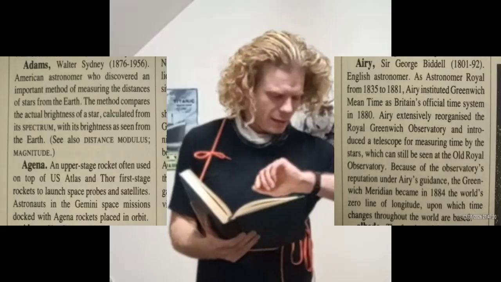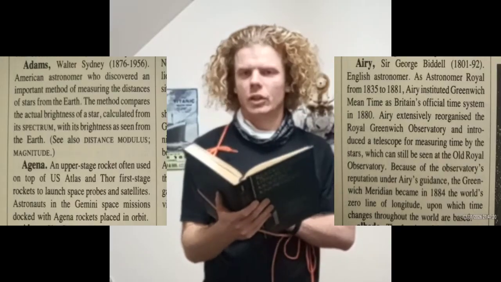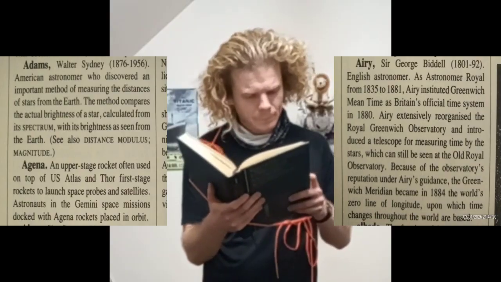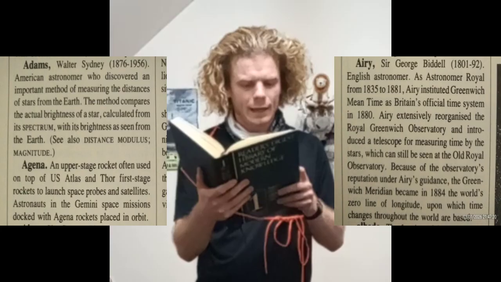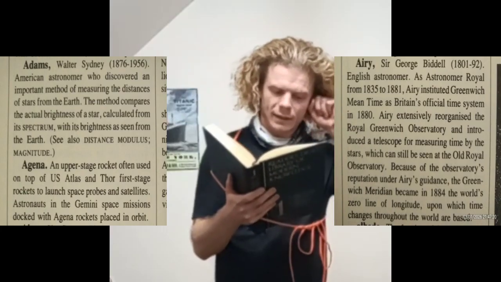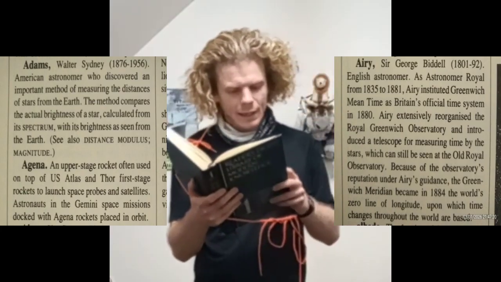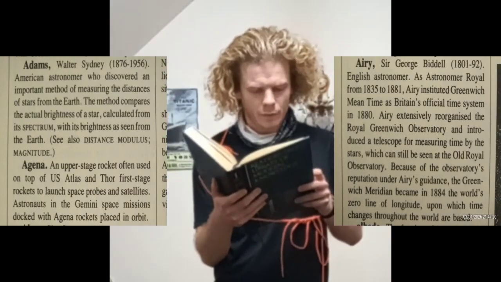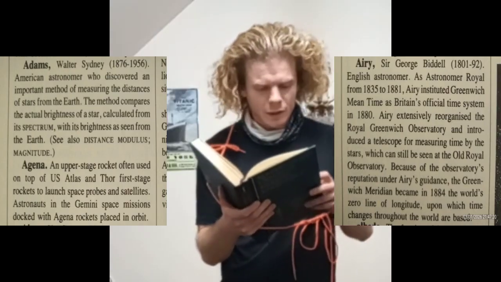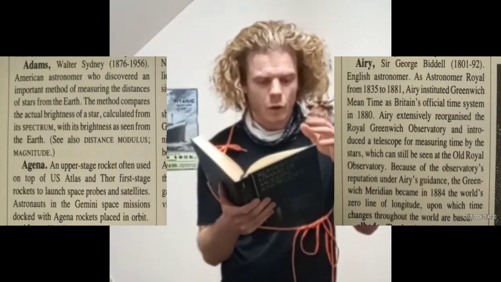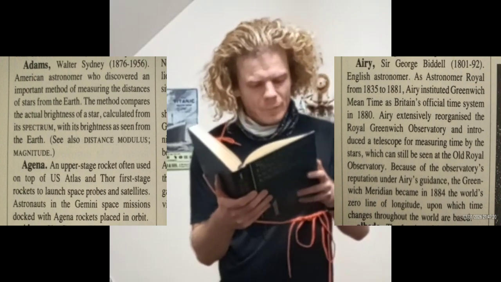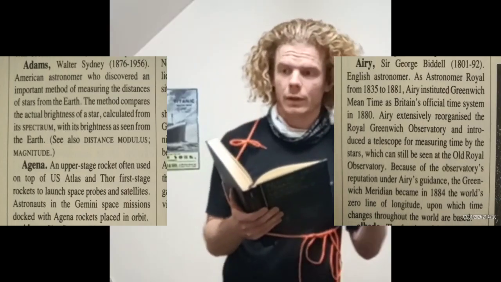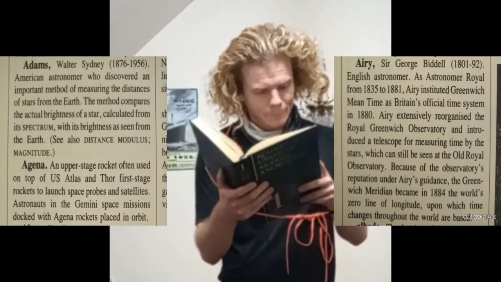We're going to do the presentation now, and I'm just going to say what I assume. That is my estimation, my assumption. Okay, Walter Sidney Adams, born 1876, discovered an important method of measuring the distance of stars from the Earth. It compares the actual brightness of a star, called the absolute magnitude, with the brightness it has on Earth, the apparent magnitude.